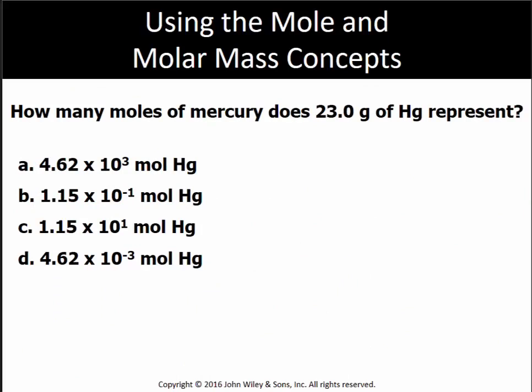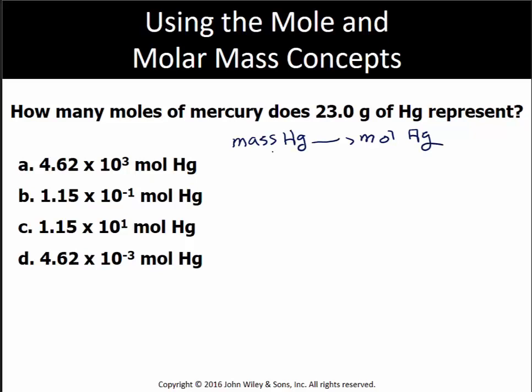You want to know the number of moles of mercury in 23.0 grams of mercury. So how many moles of mercury does 23.0 grams of mercury represent? For this question, again, the mass of mercury is given, and you're trying to find moles of mercury.